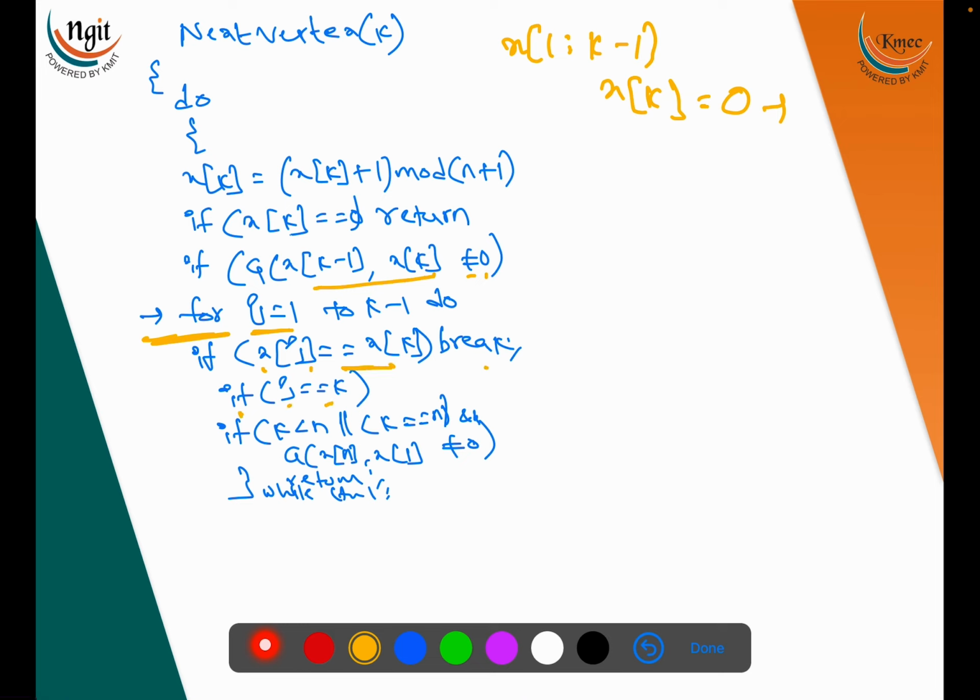If j is equal to k, then we check whether the vertex k is less than or equal to n. If the conditions are true, then we will evaluate the next vertex. So, this is how we find the next vertex in the graph.